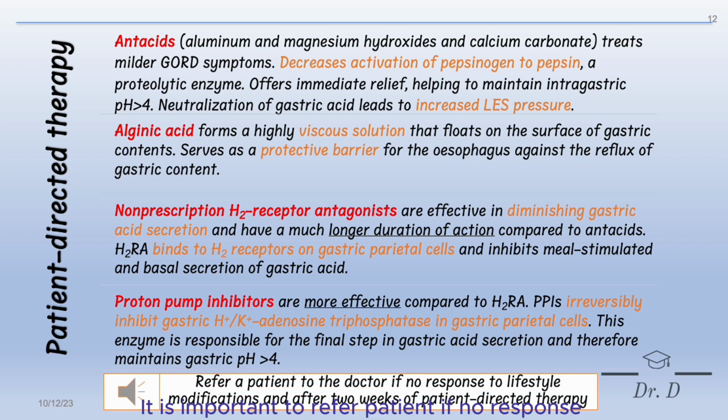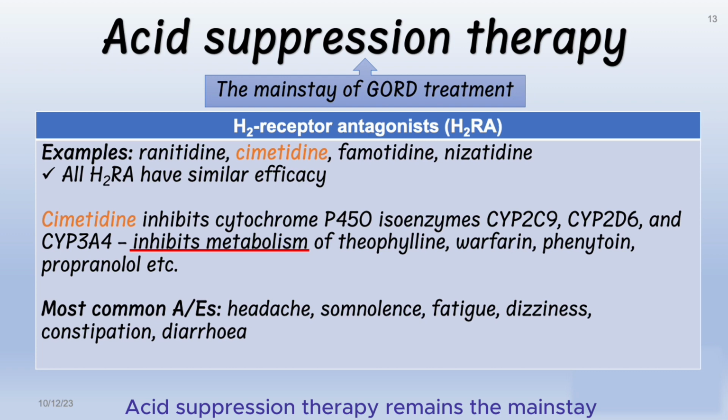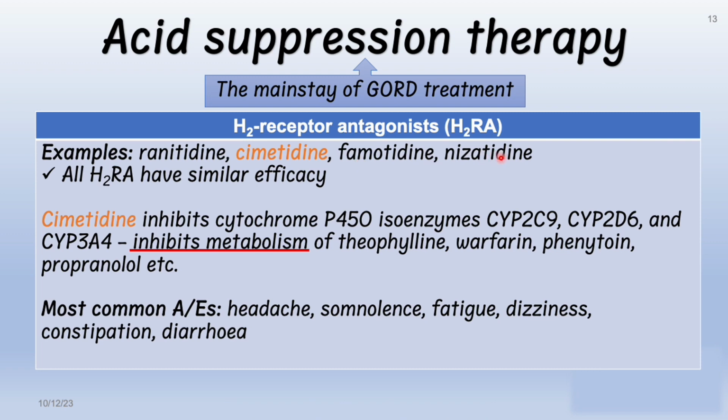It is important to refer a patient if no response to lifestyle modifications and after 2 weeks of patient-directed therapy. Acid suppression therapy remains the mainstay of GORD treatment. Examples of H2 receptor antagonists include ranitidine, cimetidine, famotidine, and nizatidine.